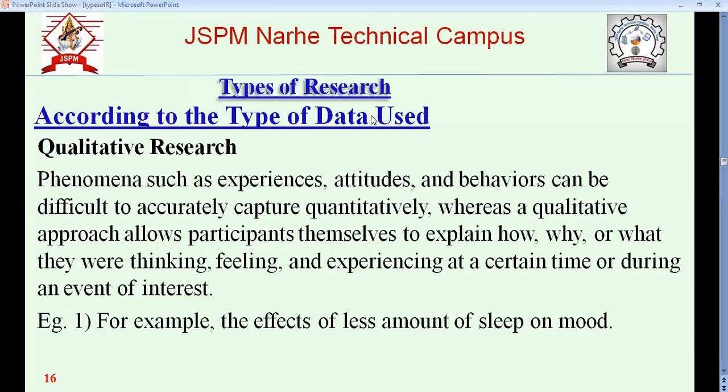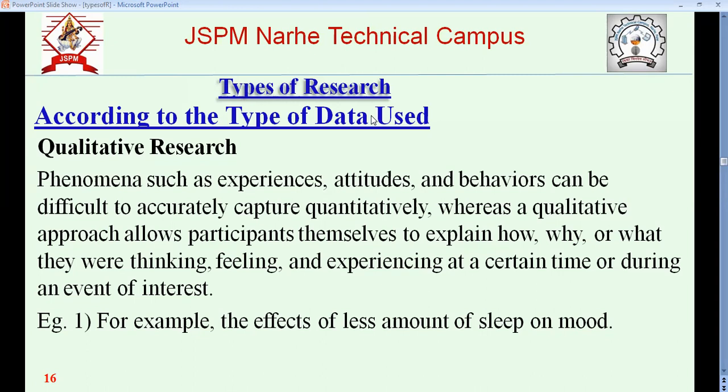Then we can ask what was their feeling, how they were feeling, and what exactly was the experience they got at that particular moment. Even though the person is in favor of, we can say, gender equality, what was his opinion? So this we cannot quantify.